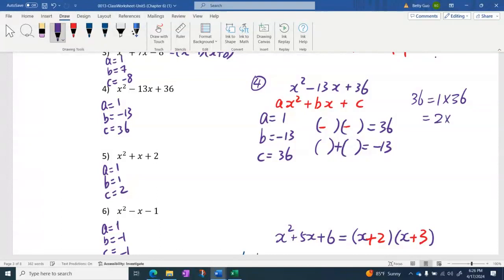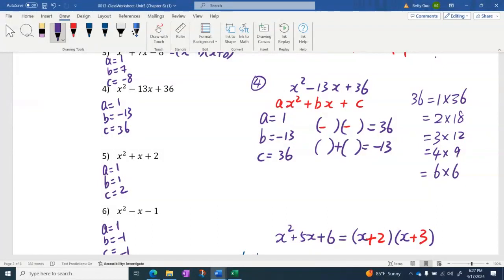Try 2 times 18. I encourage you to use a calculator because I do not want you to lose a point because of a calculation error. We try 3. 3 times 12 is 36. Try 4. 4 times 9 is 36. Try 5. 5 doesn't work. Try 6. 6 times 6 is 36.